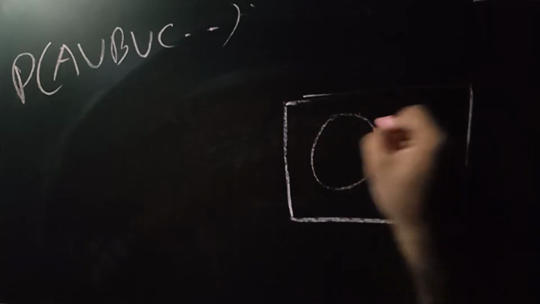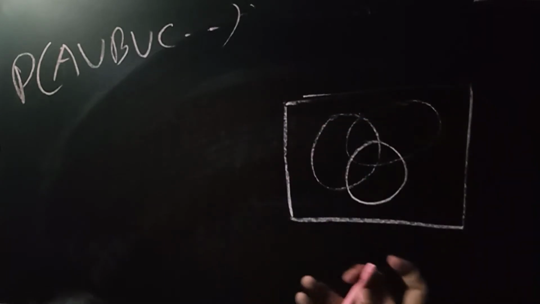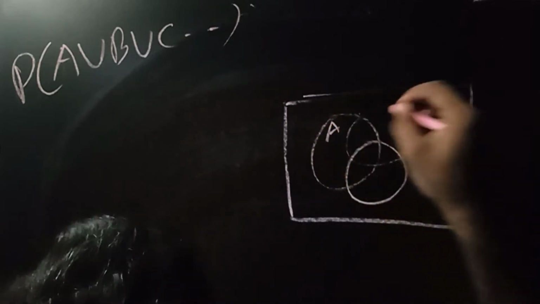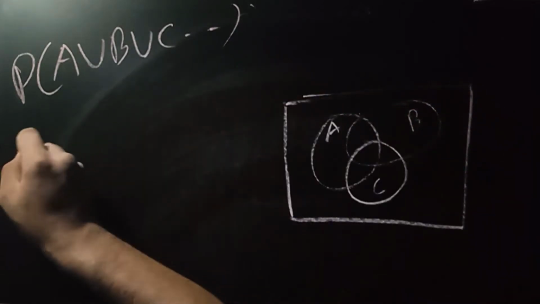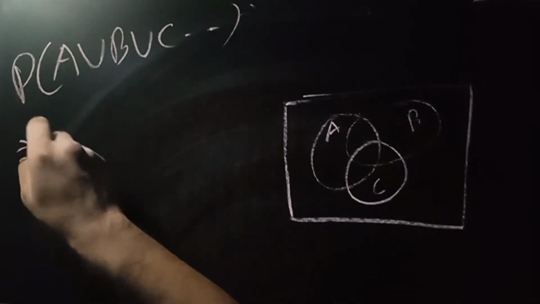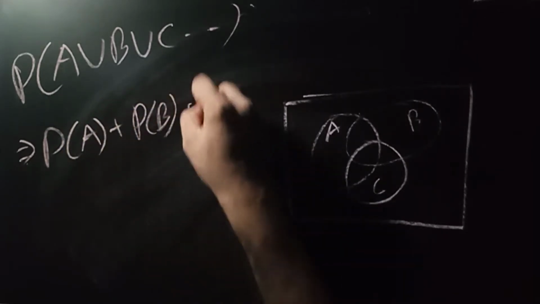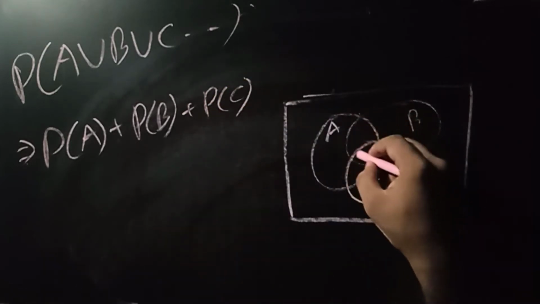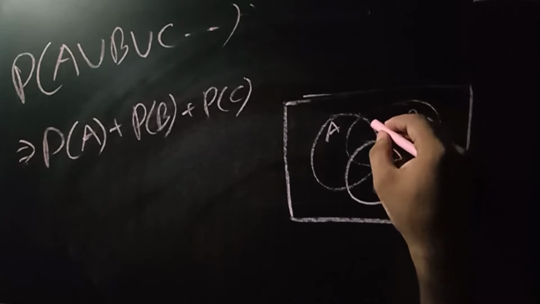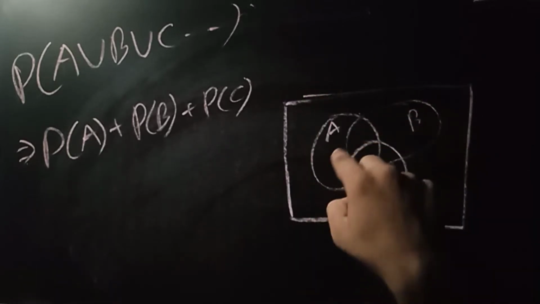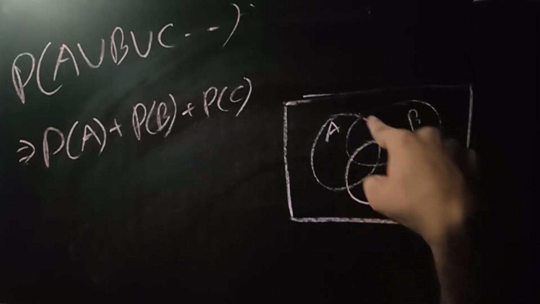Let's go for A union B union C, P of A union B union C. Let's draw a Venn diagram of A union B union C. This is A, this is B, this is C. Now we can go similarly: let's add P of A plus P of B plus P of C. Now this area is taken in A and also in B, so you have to subtract this area.